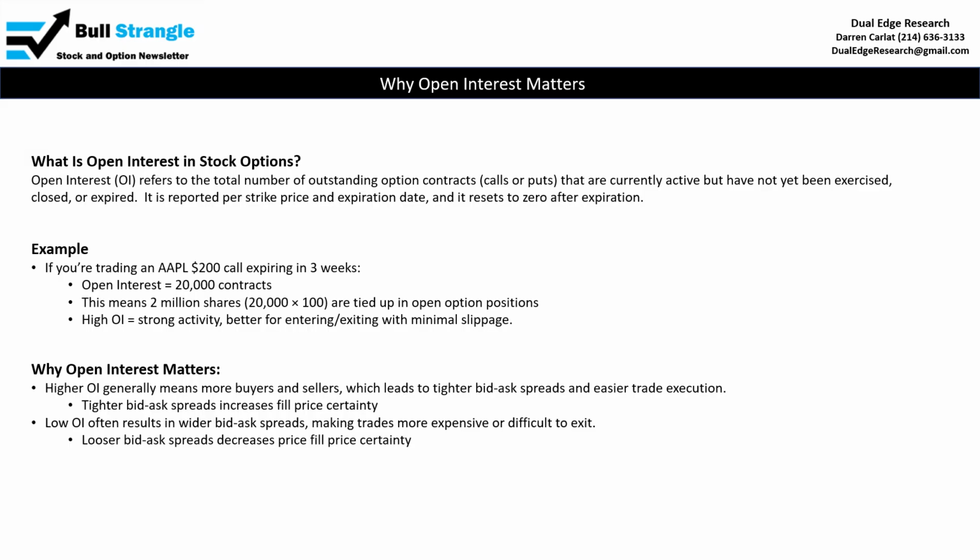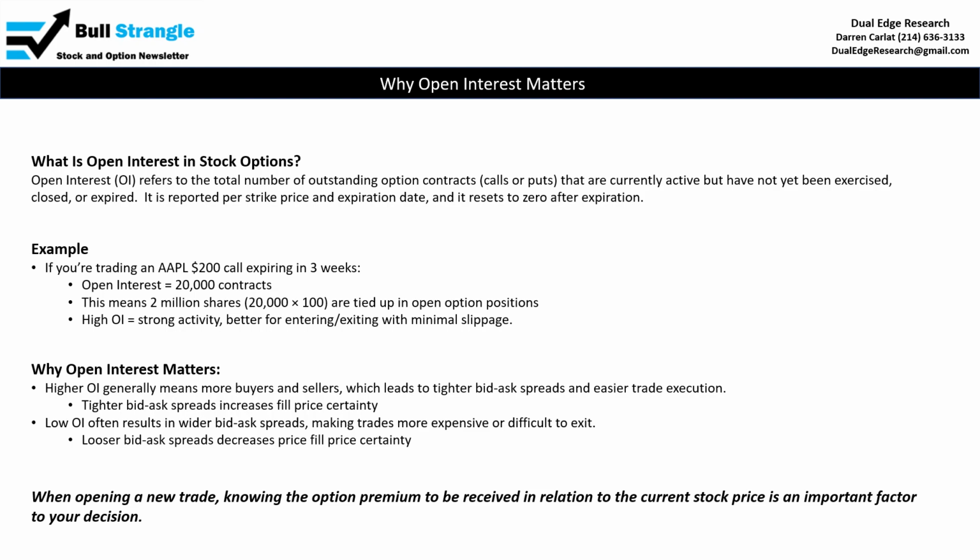And conversely, low open interest often results in wider bid-ask spreads, making trades more expensive or difficult to exit. So wider bid-ask spreads decrease price certainty. When opening a new trade, knowing the option premium to be received in relation to the current stock price is a very important factor to your decision. Therefore, knowing with more certainty what option premium you're going to receive is a very important part of the decision-making process.